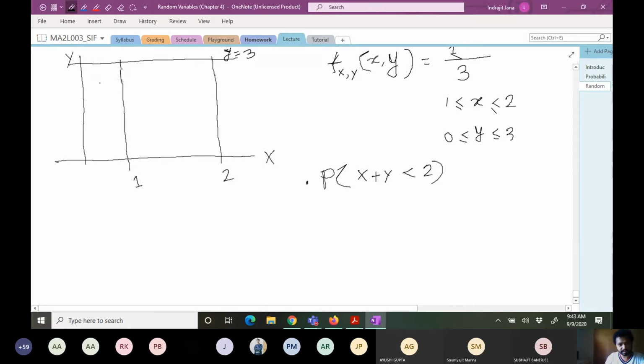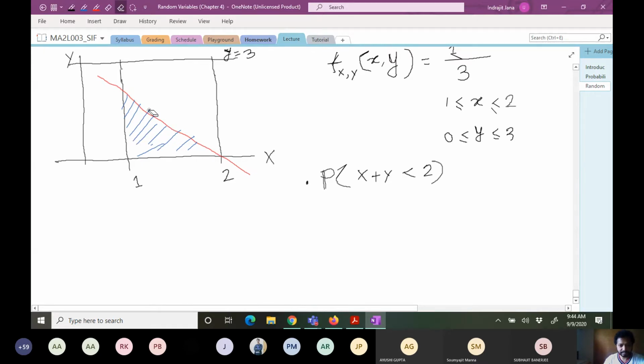That line is going to look something like this. x plus y less than 2 is this portion, which is inside this shape. It also includes everything else, but we do not include those parts because they are not inside our probability domain. You only look into this part.